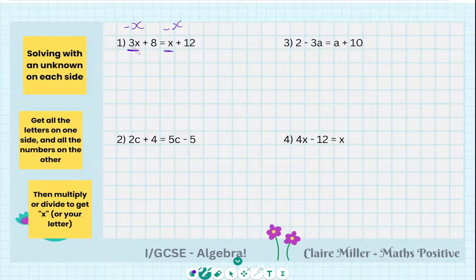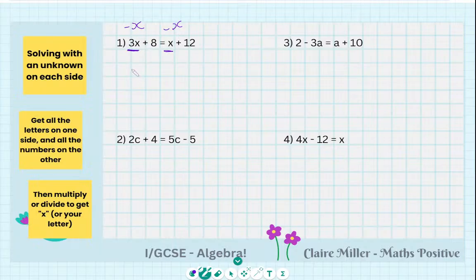The reason I'm suggesting we don't do that is just because it gives us a negative x term then, which is actually not a problem, but it's going to mean then we have to do a little bit more playing around with this to sort it out so that we don't have that negative x, because we need to know what positive x is. So my recommendation is cancel out the smallest number of x's or c's or a's.